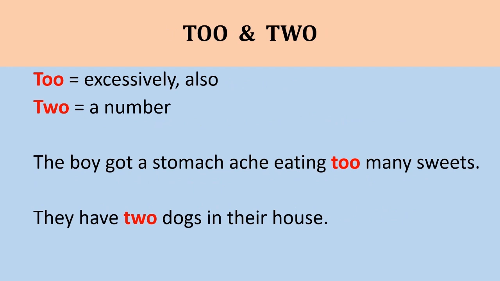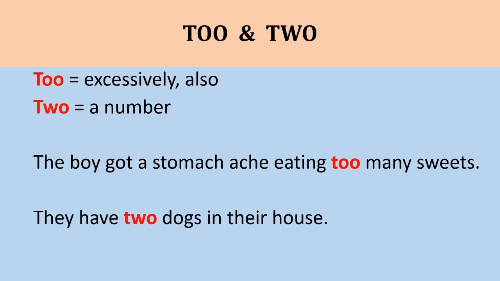This pair of homophones pronounced as two, spellings are there, TOO and TWO. Pronunciation is the same. TOO, too, is excessive, also, too much. That is what TOO is.